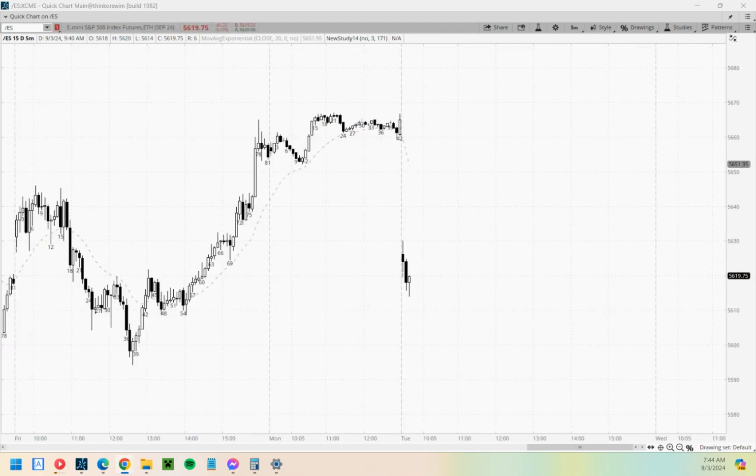So I did pull up the mini because right now I'm trading on SPY, so it's just position stuff. But if this closes on its high, I'm going to take it.